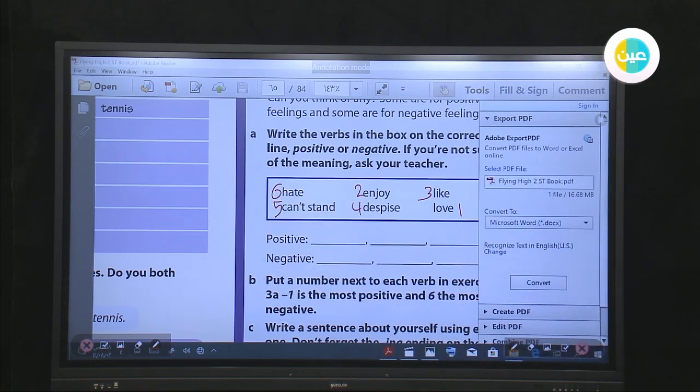Okay, now I have ordered them from my point of view from 1 to 6. Love 1, 2 enjoy, 3 like, 4 despise, 5 can't stand, 6 hate. This is from my point of view.